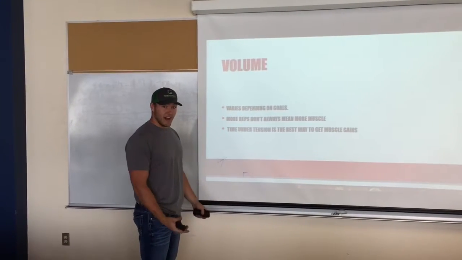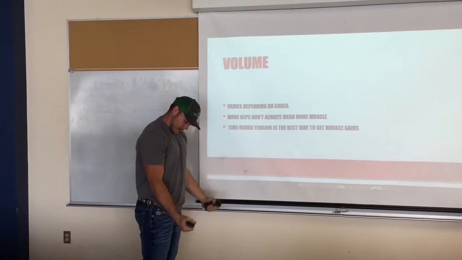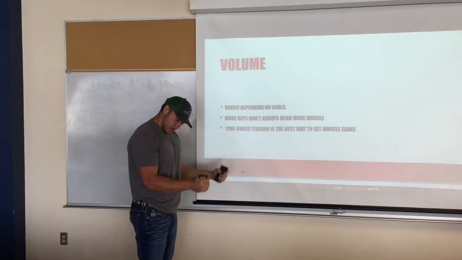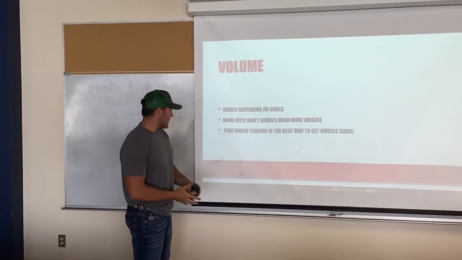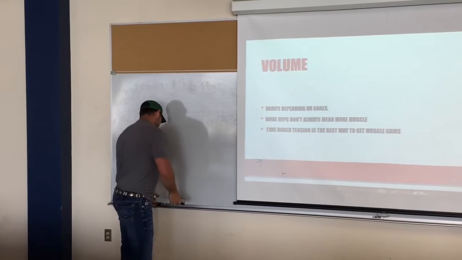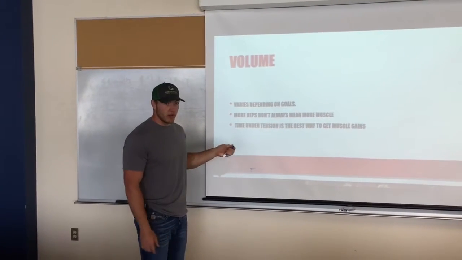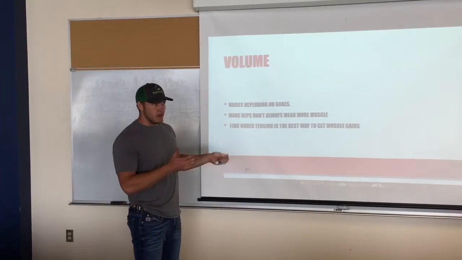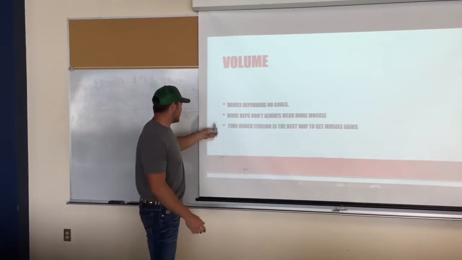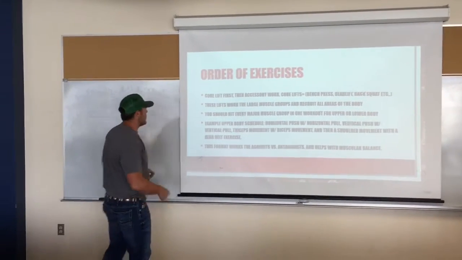Well, if I'm doing a set of 5 and using a 4-second eccentric contraction, 1, 2, 3, 4, then my muscles are going to have more time under tension than they would with 15 reps. So volume, although it can be used for your hypertrophy goals, you need to touch more on time under tension for hypertrophy.